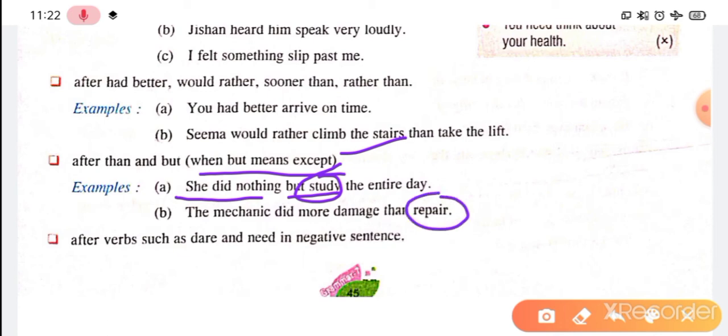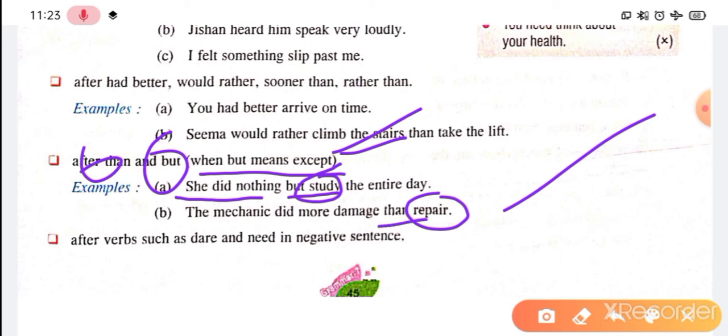Then, after than and but, right? So but and than, these two also, when their meaning is except, apart. The mechanic did more damage than repair. Except repairing, he damaged, like, instead of repairing he damaged the machine. So that is the meaning here. Okay. So but and than.